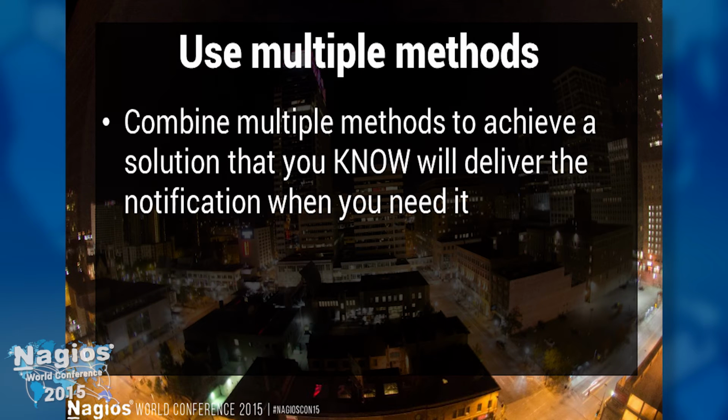Use multiple methods. This leads towards the resiliency side again. So I mentioned voice was resilient, but I don't trust it. I use SMS. I use voice. I use SMS through web gateway because we have really reliable internet in my work. We have multiple fibre and copper links between offices. We have multiple internet connections from different providers.